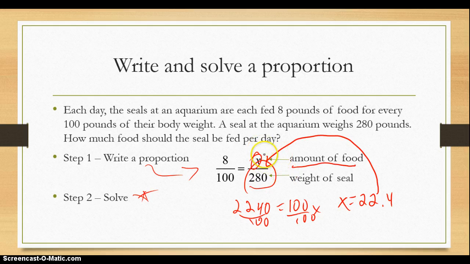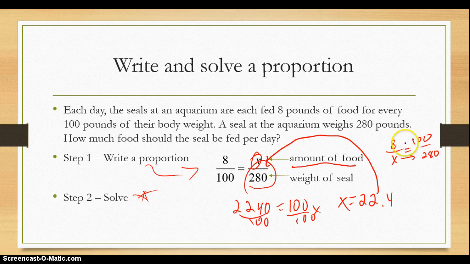So like in class today, we talked about different ways we could write this. We know the seal gets 8 pounds, and we're trying to find the other amount of pounds, for every 100 pounds, for the 280-pound seal.